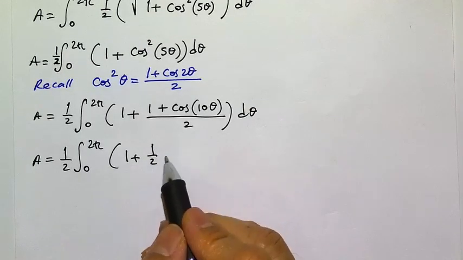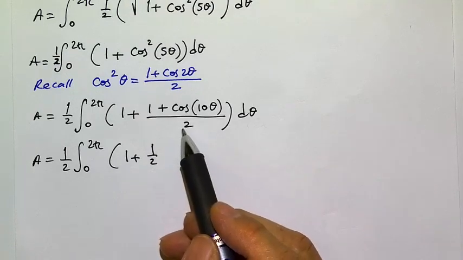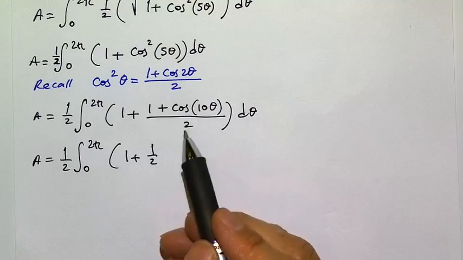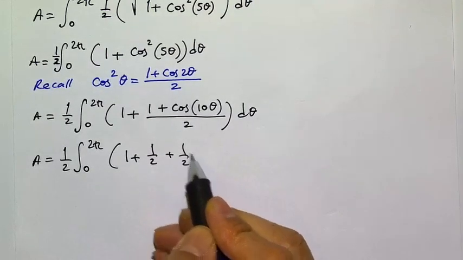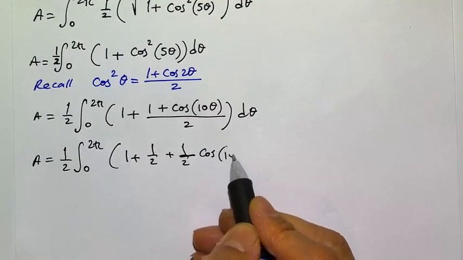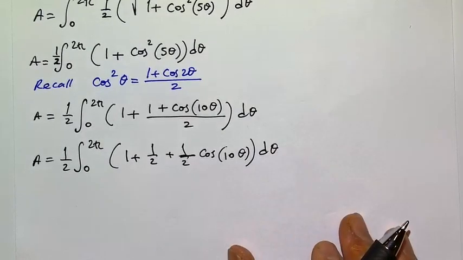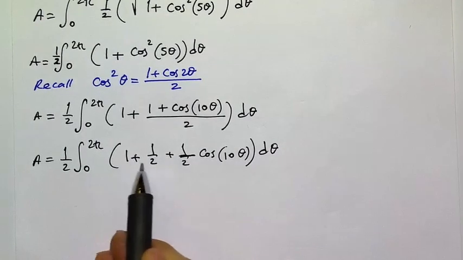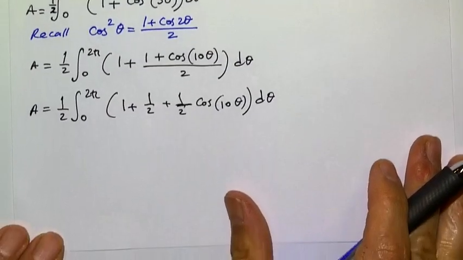And I know in basic algebra we always talk about how to take the common denominator and combine terms, but here we're going the opposite. So we have 1/2 cosine of 10 theta d theta. So of course these two we can combine, right? 1 plus 1/2 is 3/2. Let's do that.